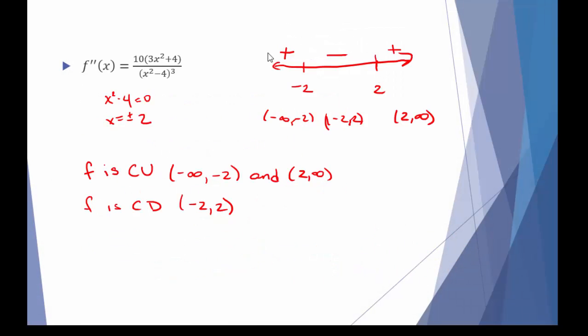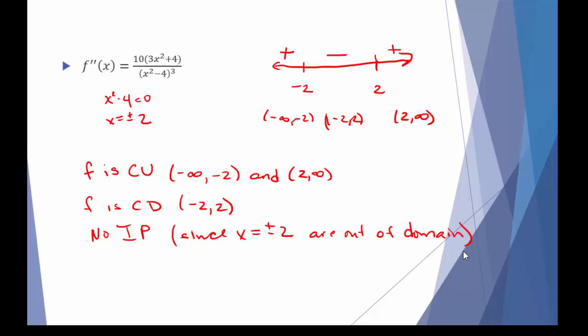Therefore, even though this does in fact change concavity at negative 2 and 2, this has no inflection points, since x equals plus and minus 2 are out of the domain. So keep an eye on that domain. It actually has a lot to do with whether or not you end up with things like inflection points, critical numbers, those kinds of things.